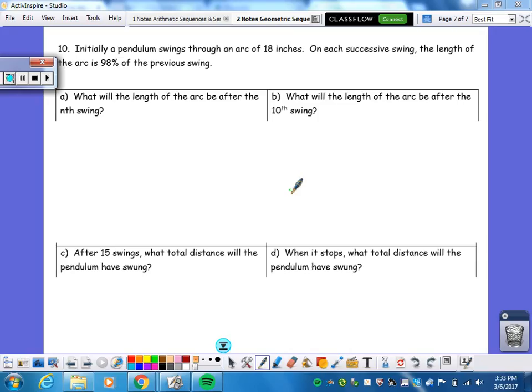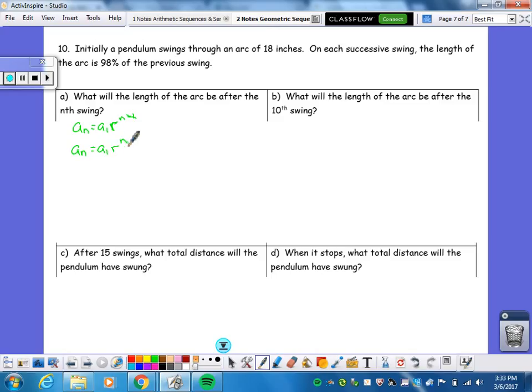So we know our original equation is A sub n is equal to A1 times r to the n minus 1. However, we're not going to include our n minus 1 in this equation since we're not including the original 18 inches. So our new equation is going to be A sub n is equal to A1 times r to the nth power.